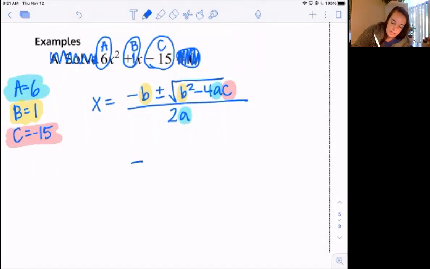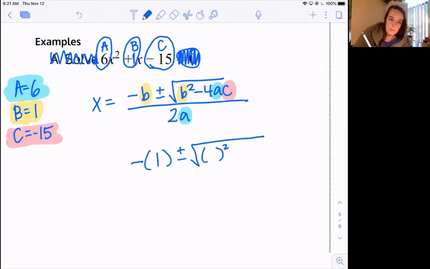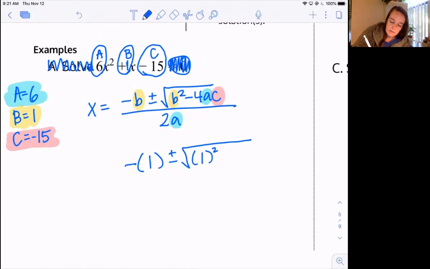I'm going to write negative B. B is 1 plus or minus the square root of B squared. B, remember, is 1 minus 4 times A, which is 6, times C, which is negative 15.